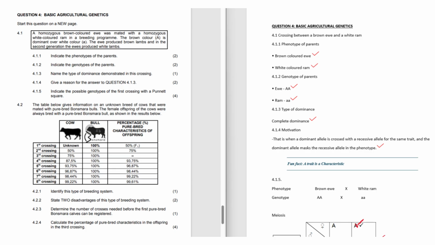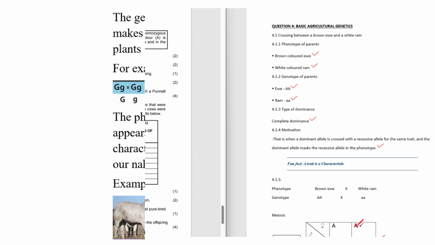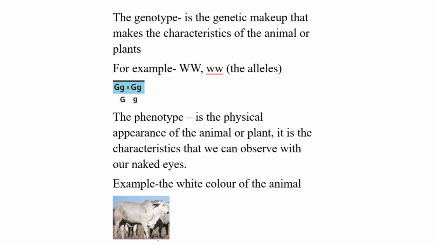4.1.2 indicate the genotypes of the parents. As I have said, the genotype is the genetic makeup of that animal. It's the genetic composition of that animal. It's those letters, the capital letter and small letter.